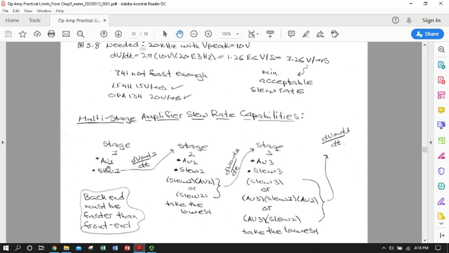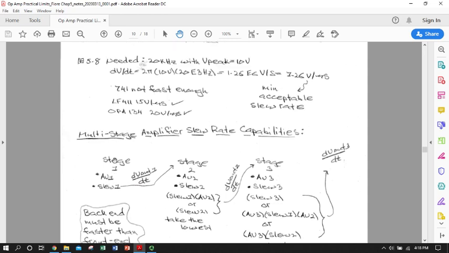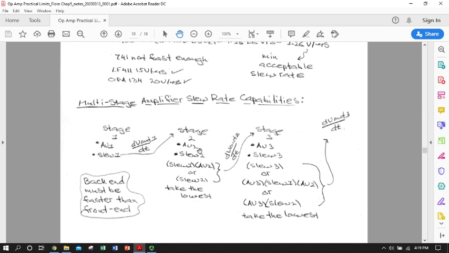Now we're going to amplify it. So now that peak is not 10 volts anymore. It's 10 volts times the gain of that stage. So stage 2 has to have a slew rate that's as big as stage 1 times the stage 1 gain.